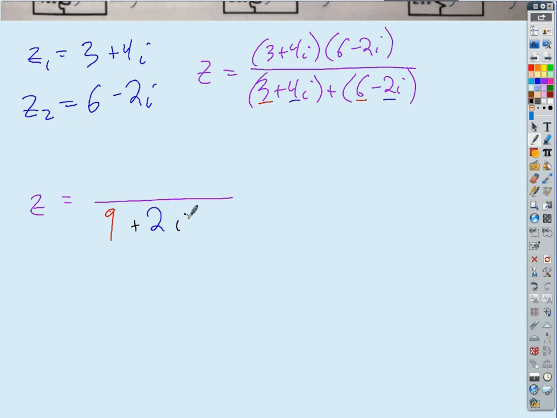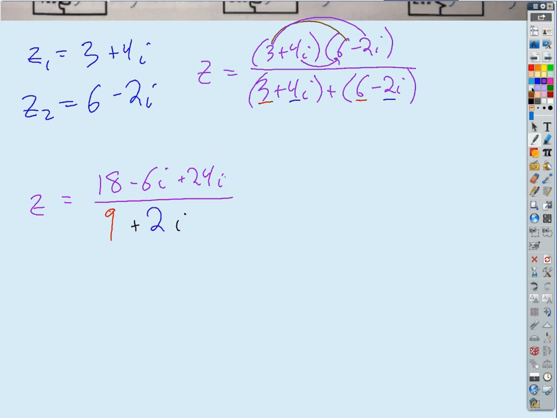And then what did I do when I multiplied complex numbers? What was the process there? Okay, I'm going to distribute. All right, so if I distribute the 3, what do I get? I get 18. If I distribute to the other term, I get minus 6i. Now I'm going to distribute to 4i, so 4i times 6 is plus 24i, good.